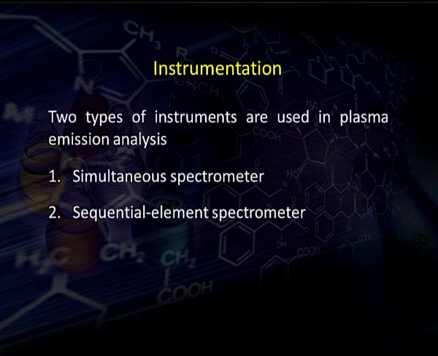The instrumentation part. Two types of instruments are used in plasma emission analysis. First is the simultaneous spectrometer and the second is the sequential element spectrometer. In the case of simultaneous spectrometer, the radiation from the plasma enters from a single slit and is then dispersed from a concave reflection grating.